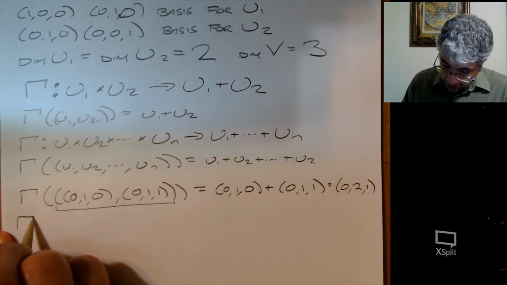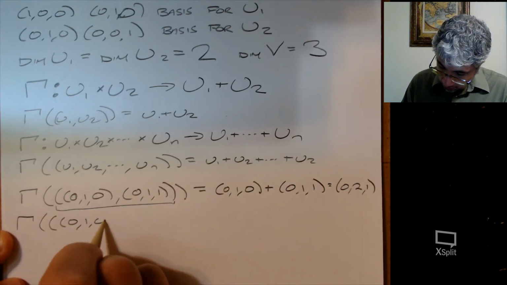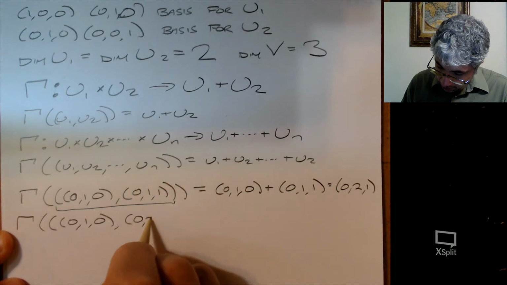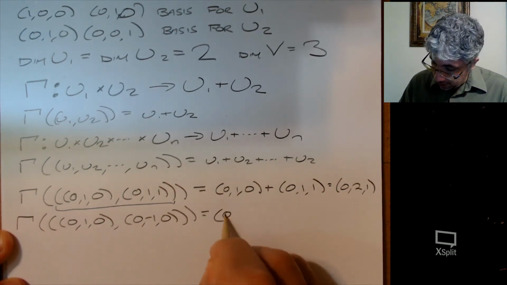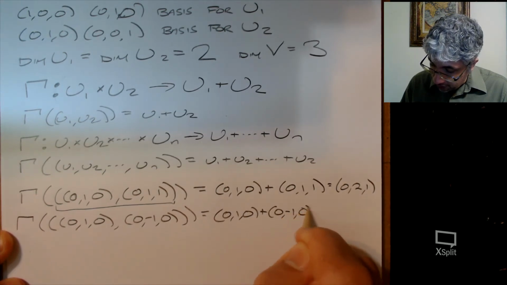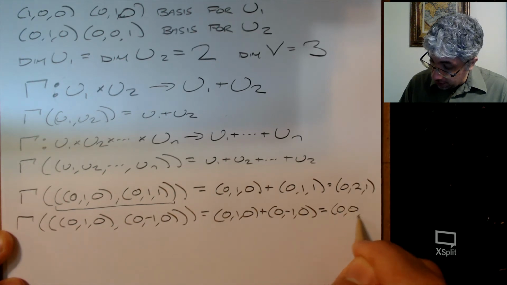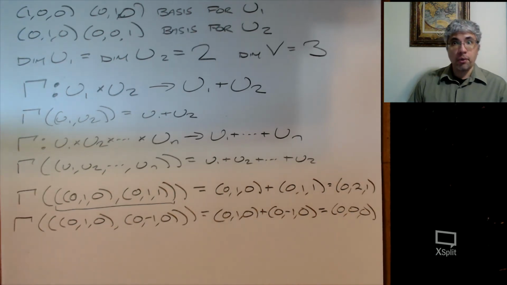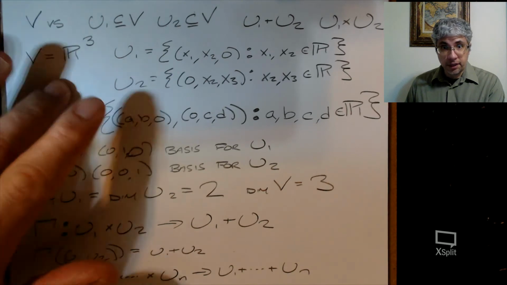And what if I took gamma of, let's say, ((0, 1, 0), (0, -1, 0))? So this would give me (0, 1, 0) plus (0, -1, 0). So this would give me (0, 0, 0). Oh, look what I got. I got the 0 in V, which is R3.